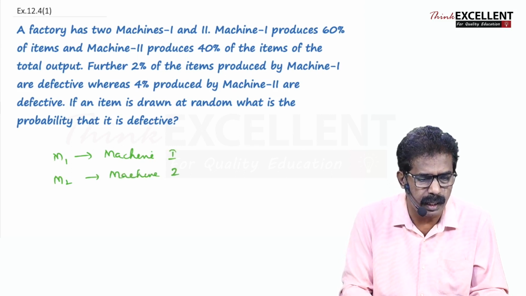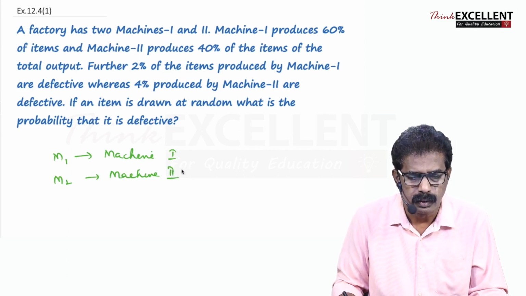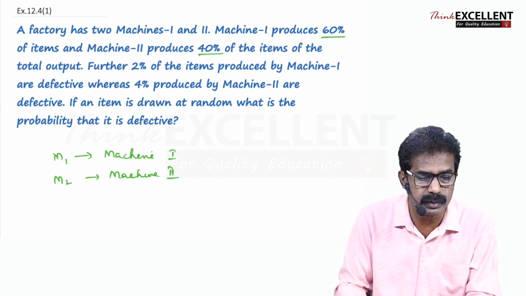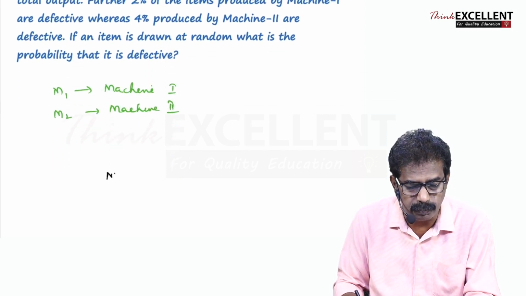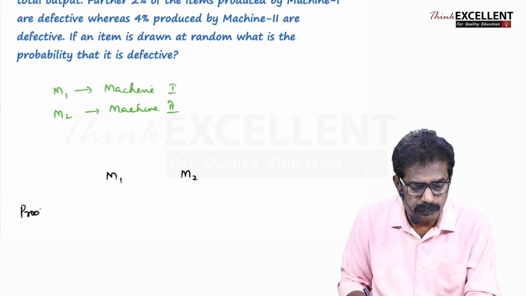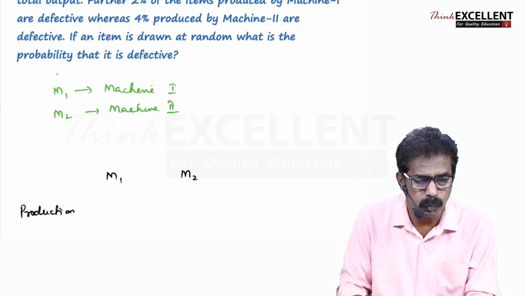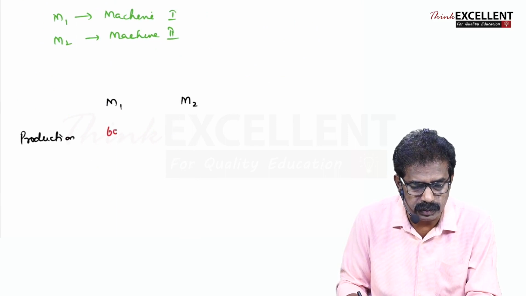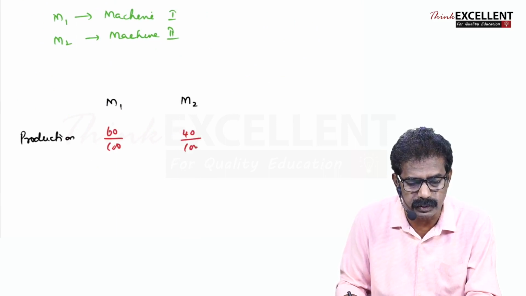Machine 1 produces 60% of items and machine 2 produces 40% of items, right? That is the production given. Machine 1 produces 60%, so 60 by 100, and machine 2 produces the balance, that is 40%.